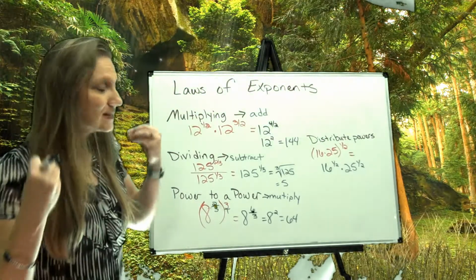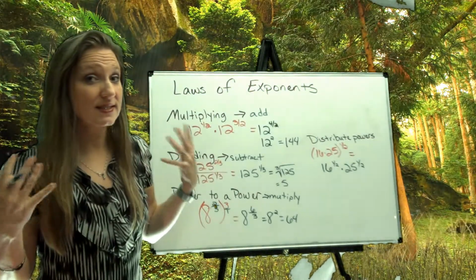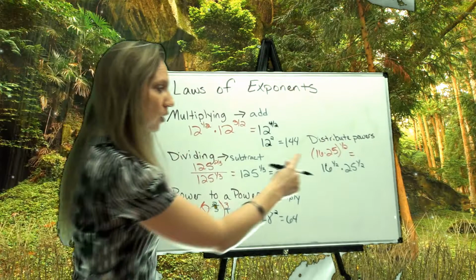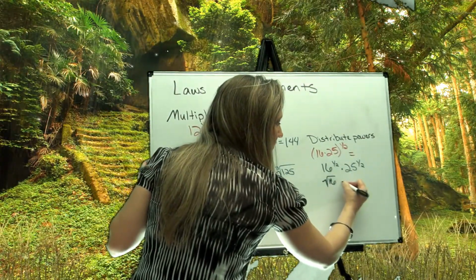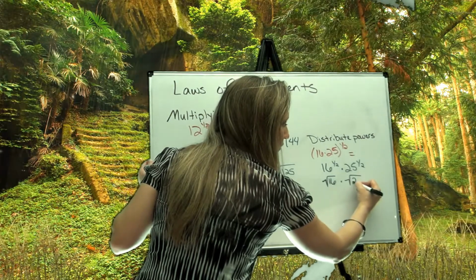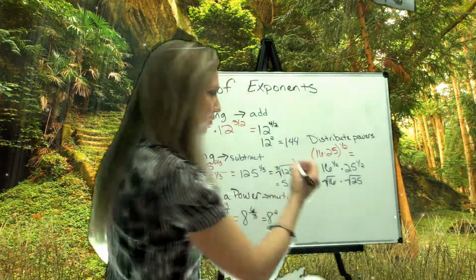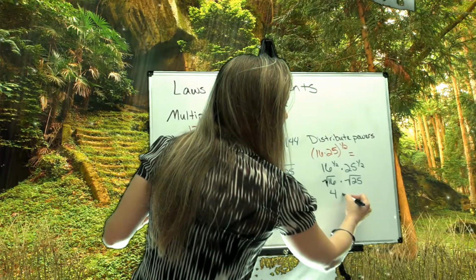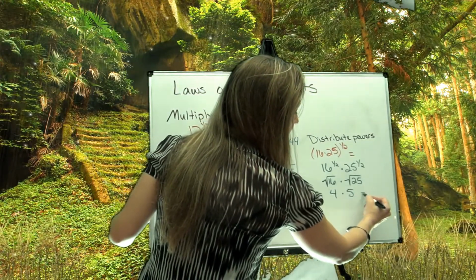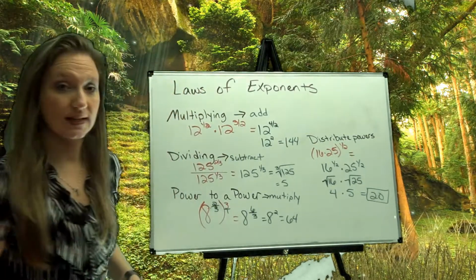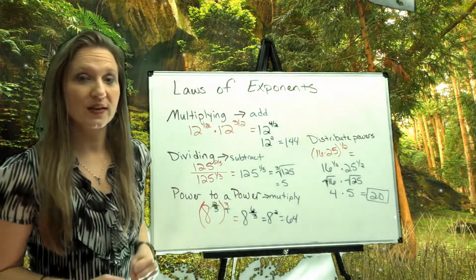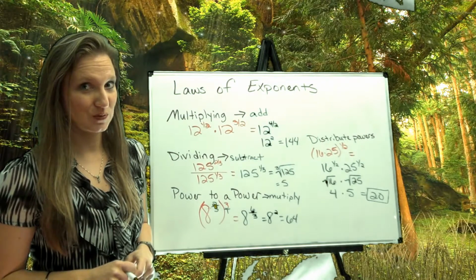Remember, raising something to the power of 1/2 is the same as saying take the square root of that number. So this is the same as saying take the square root of 16 times the square root of 25. Square root of 16 is 4. Square root of 25 is 5. Therefore, we can simplify this down to be 20. So these are some basic laws of exponents that are really going to come in handy for these problems we're about to do.